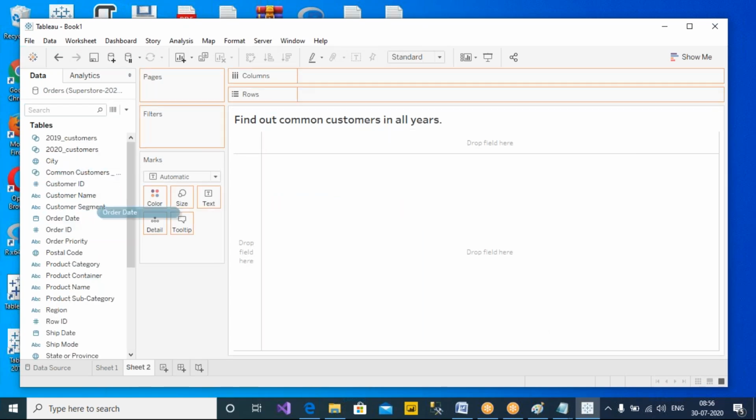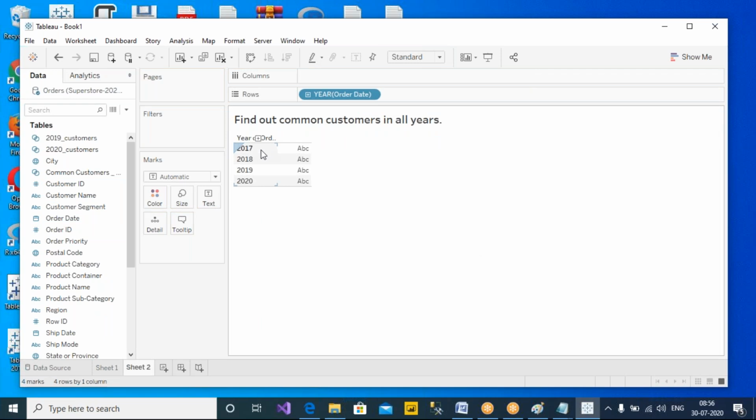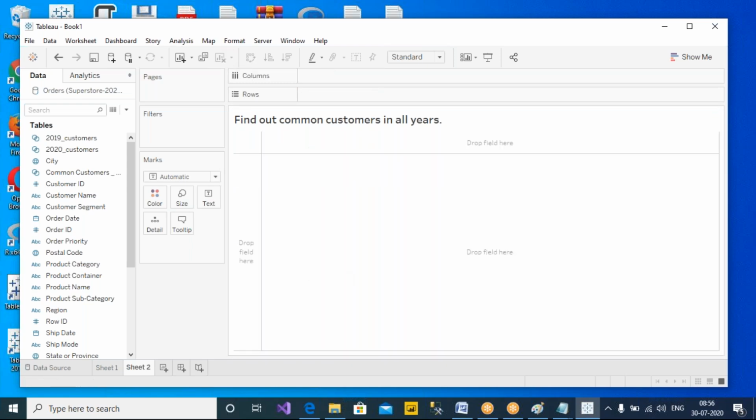So if it is order date, then the customer should be there in 17, 18, 19, and 20 as well. Find out how many are there in all the 4 years. Try this and solve it as an exercise. Not so easy, not so difficult. Just apply the similar concepts.